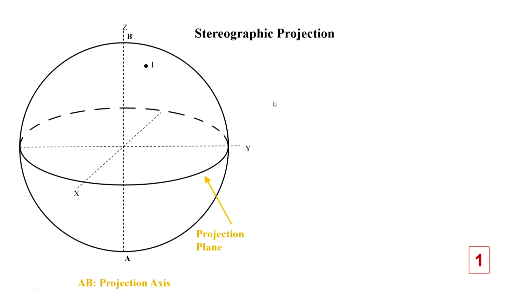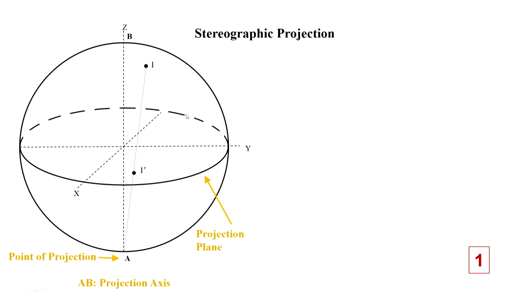Well, we use point A as the point of projection. From the point of projection A, draw a line to connect point 1. So, A is connected to point 1 by a straight line. This line will intersect somewhere in the projection plane, and let us say it intersects at point 1 prime.